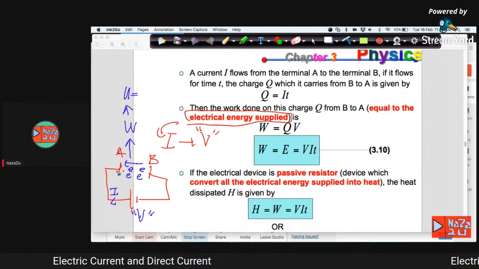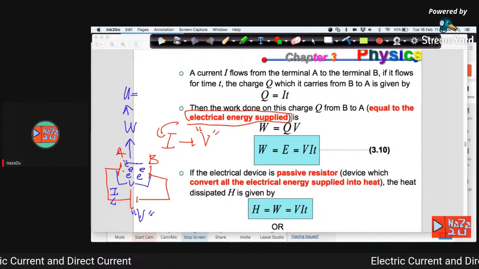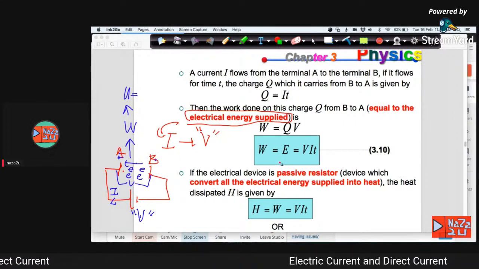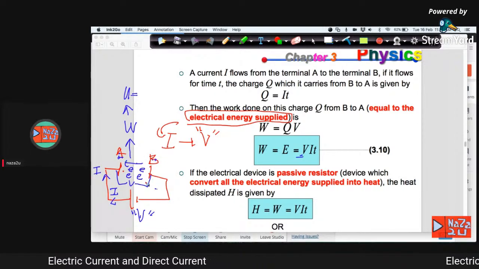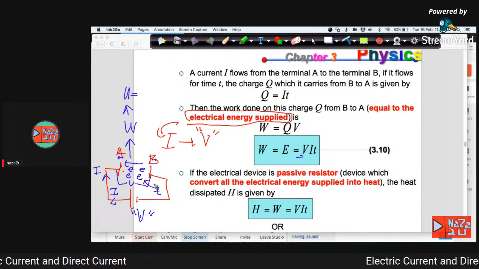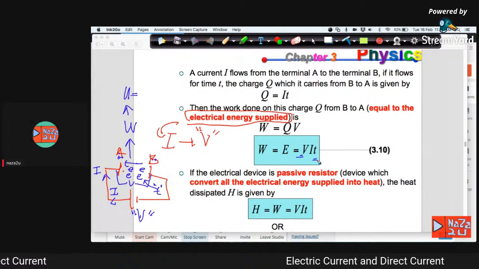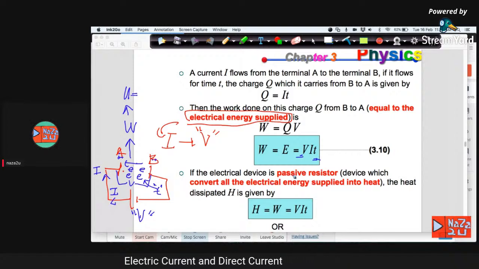You must know the voltage between A and B, how big the current I in AB, at time T, pada masa-masa tertentu. Right? So, in an electrical device, in a passive resistor, the electrical energy supplied is converted to heat.